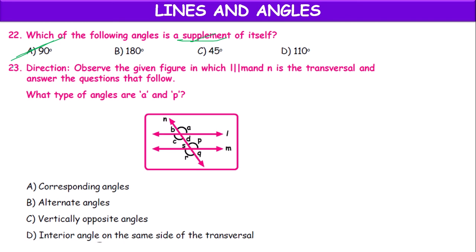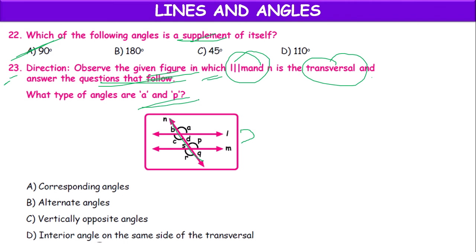Next children, 23rd question. Observe the given figure in which L is parallel to M. These lines L and M are parallel and N is the transversal. Answer the questions that follow. What type of angles are A and P?